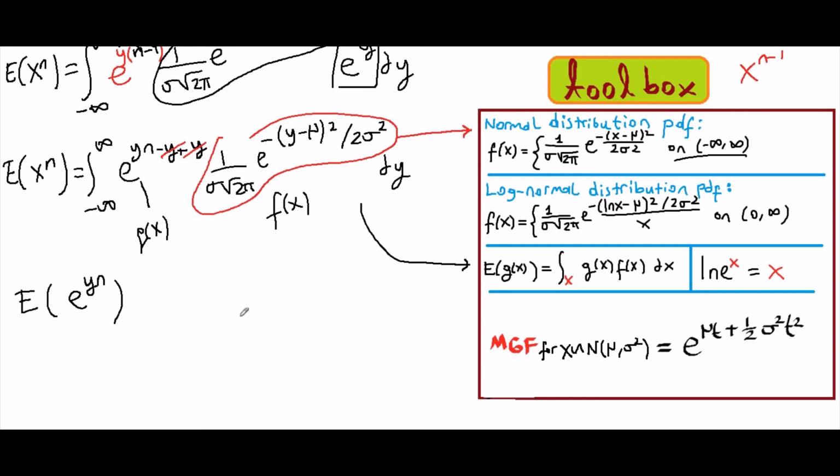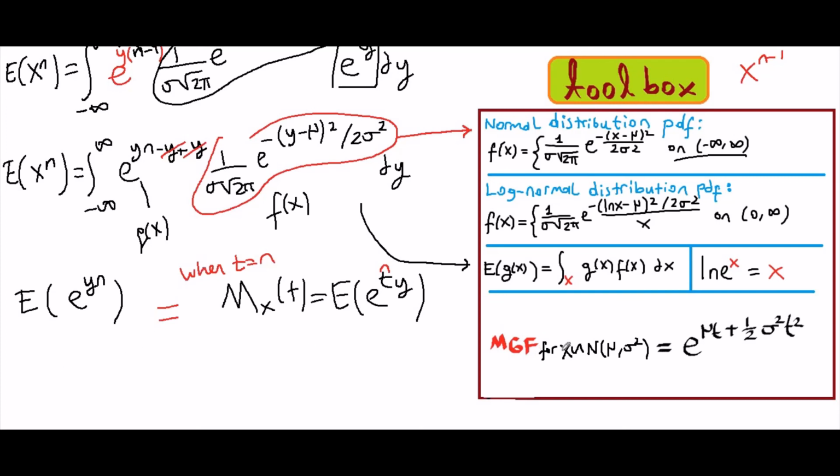Now let's compare this with moment generating function. Moment generating function by definition is equal to expectation of e raised to the tx. In our case ty, because our variable is y. This expression is equal to that expression when t is equal to n, because it will be ny.